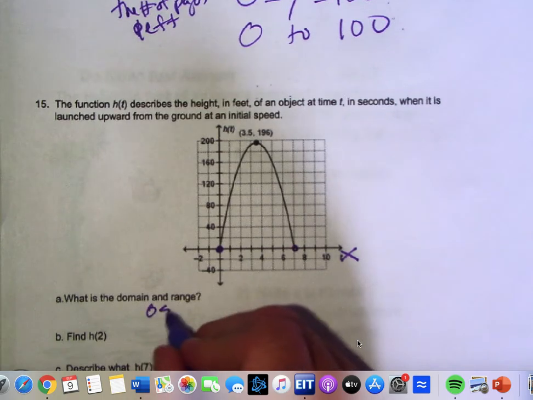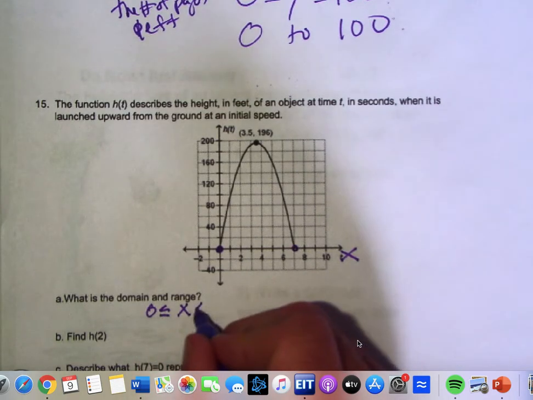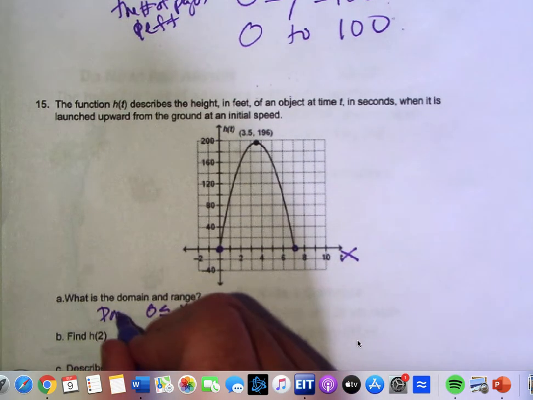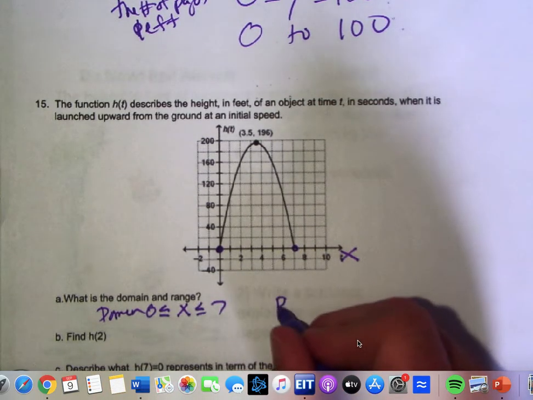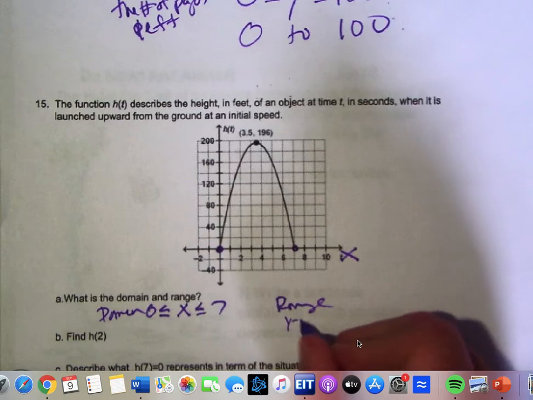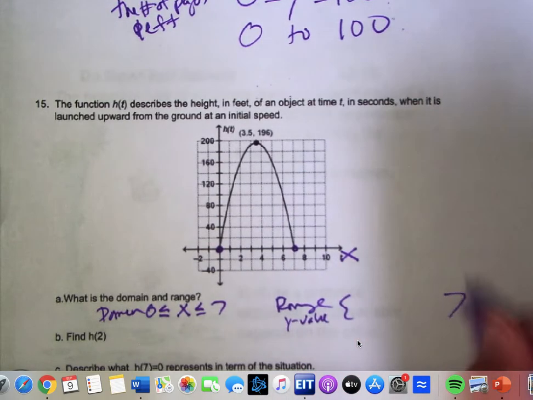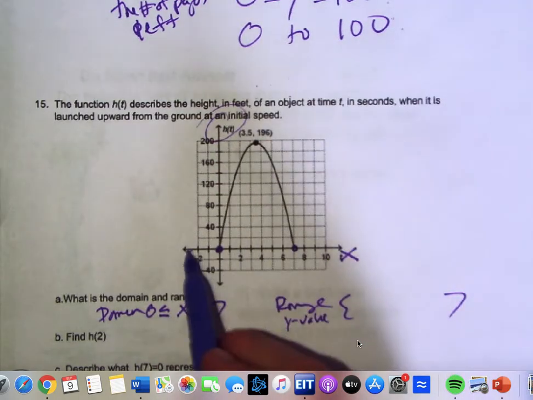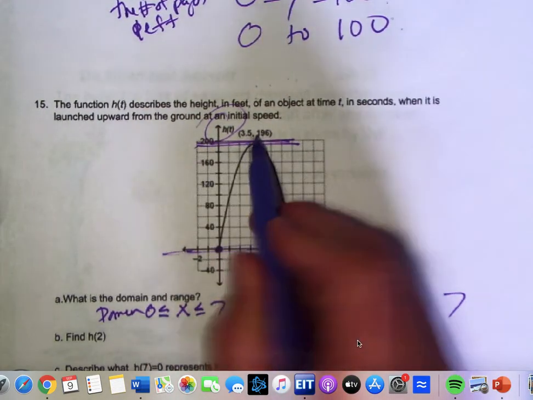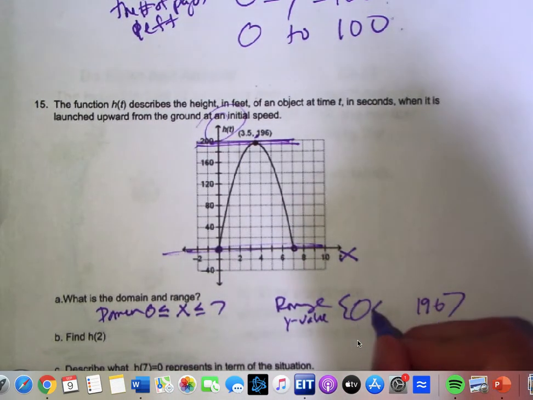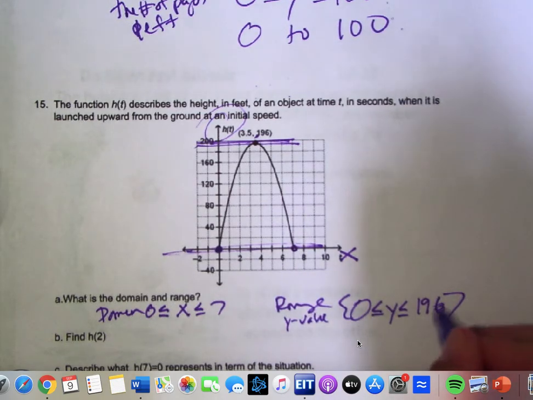So 0 is less than or equal to x is less than or equal to 7. That's your domain. And the range, which is your y values, the lowest y value is 0. The highest y value, it says, is 196. So everything in the middle must work.